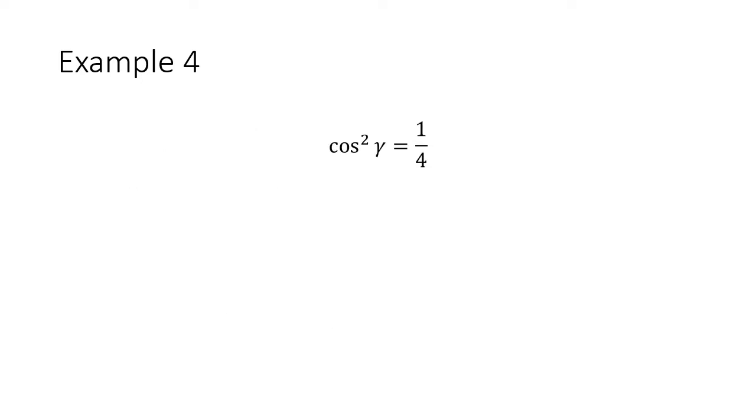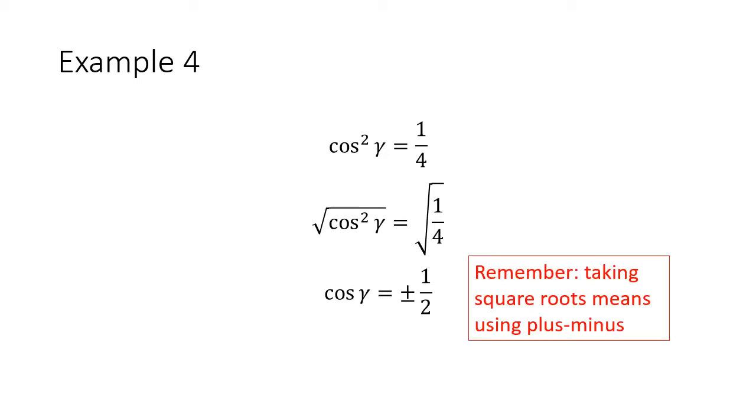If cosine squared gamma equals 1/4, and I'm trying to solve for gamma, we'll take the square root. So cosine gamma is plus or minus 1/2. And remember, anytime you take a square root when you're solving, you have to use the plus or minus. This is one of the biggest mistakes that I see from Calc 3 students.